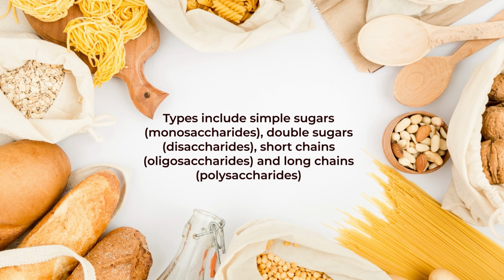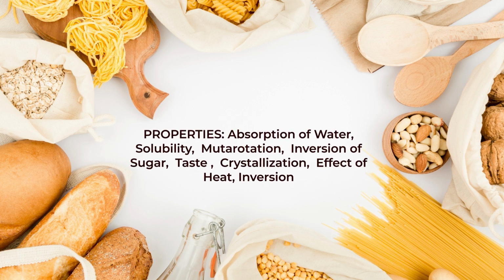The properties have an impact on the nutritional aspects and also on food processing and the quality of the products, like absorption of water, solubility, mutarotation and inversion of sugar. So these we covered today.